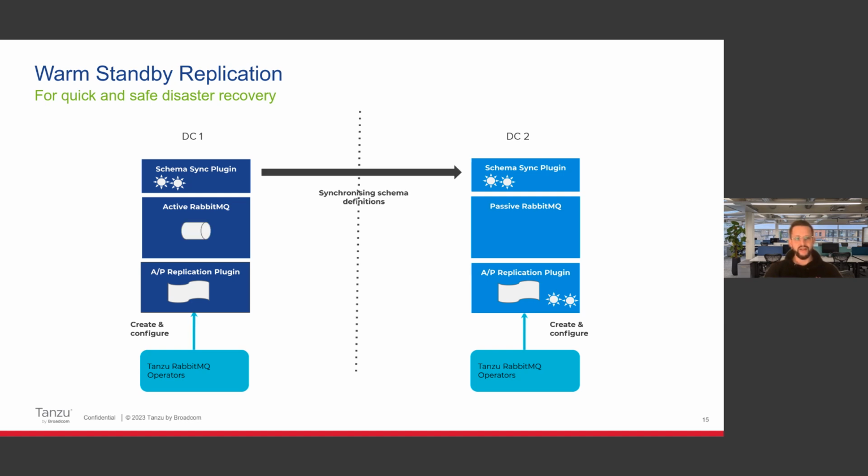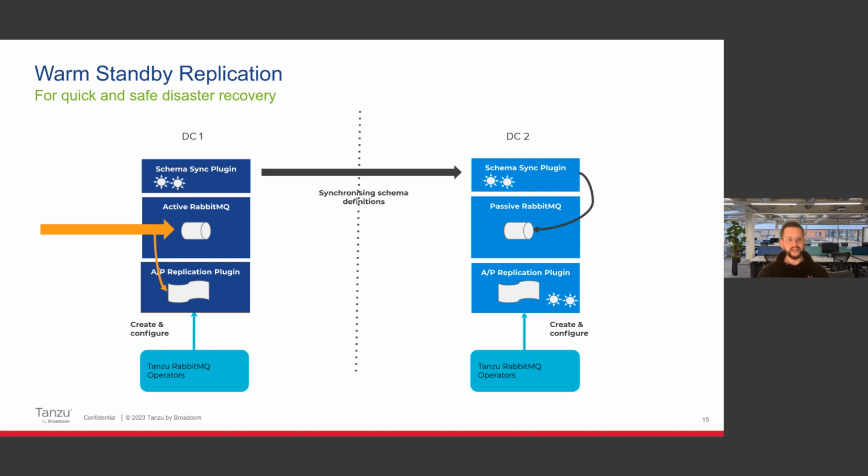So the first element we have at the top here is the schema sync plugin. And this is a commercial plugin which replicates the RabbitMQ topology from the active site to the passive site. While the standby, as I said here, then synchronizes the schema and creates this queue on the passive site.